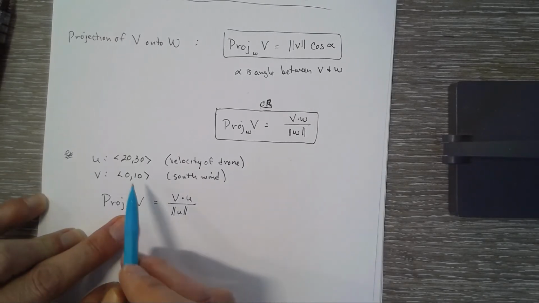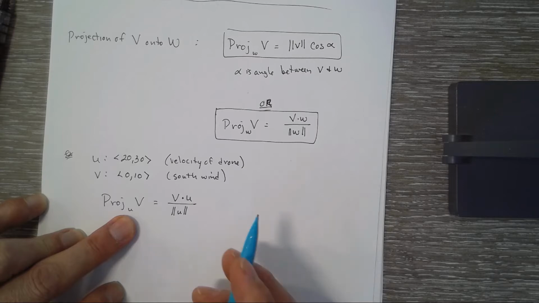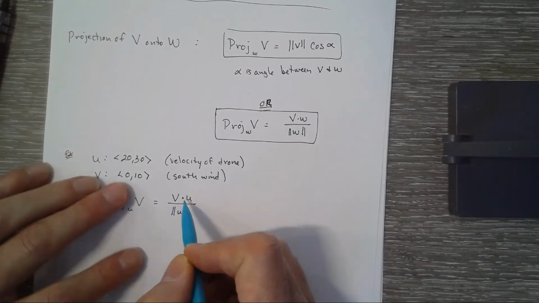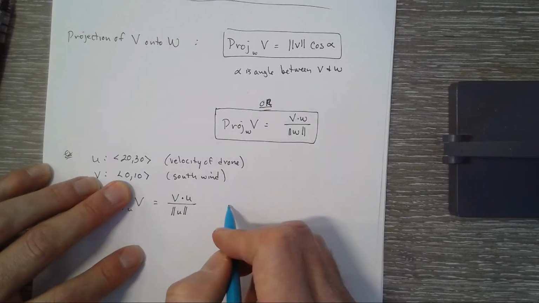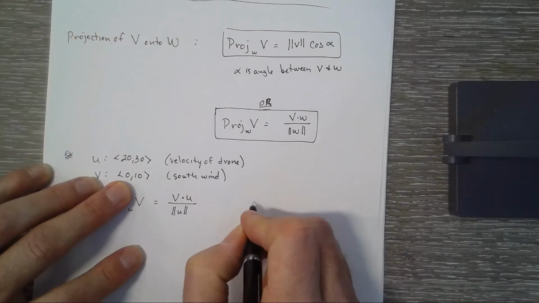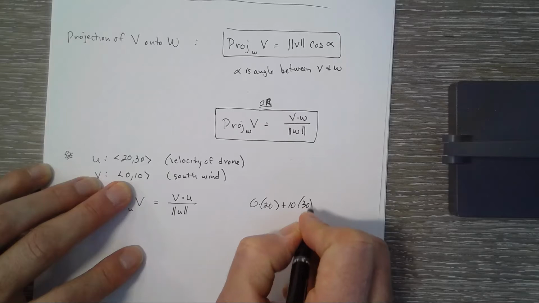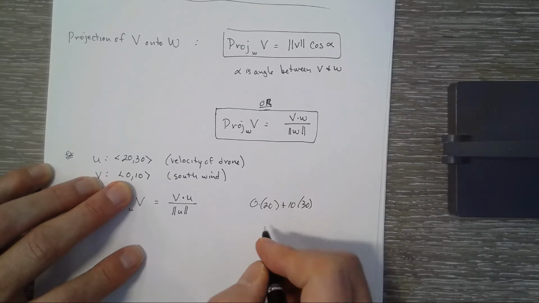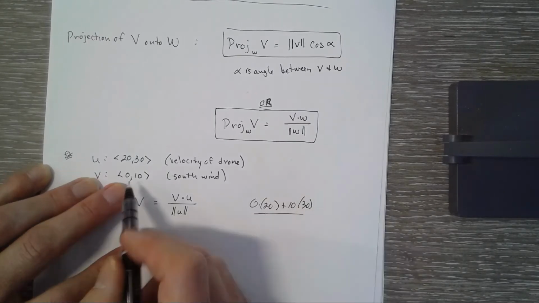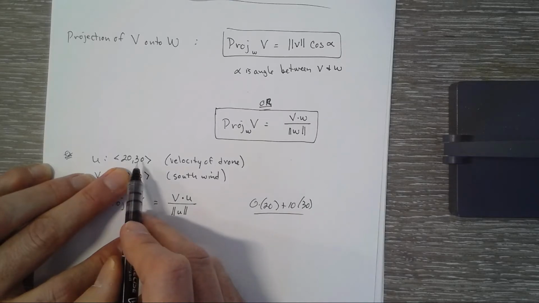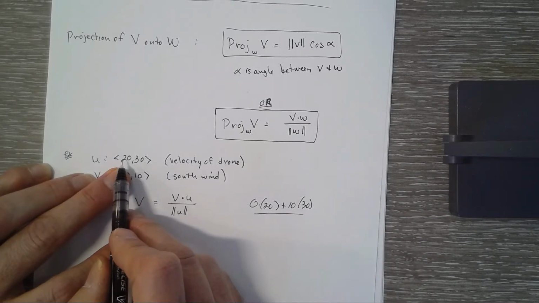How much is V contributing to U by doing V dot U? So 0 times 20 plus 10 times 30. So that's 300. And U magnitude, 20 squared plus 30 squared, 400 plus 900, the square root of 1300.